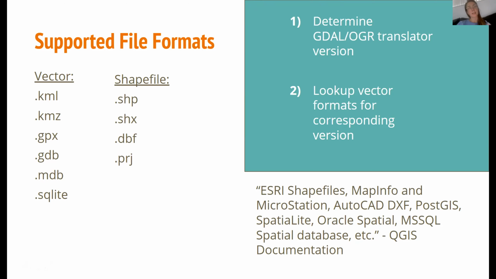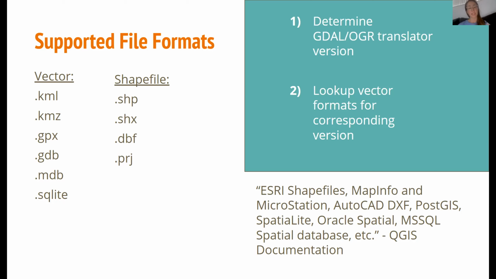They also had a list for different tabular and raster file types. The main tabular file is the CSV that I discussed last time, and the main raster is a JPEG file. But I'd say 9 out of 10 times we're working with vector and shapefile formats, so that's why I listed the most common ones there.